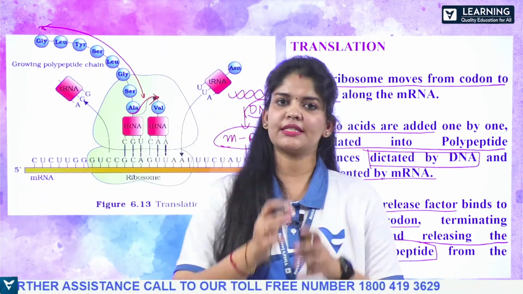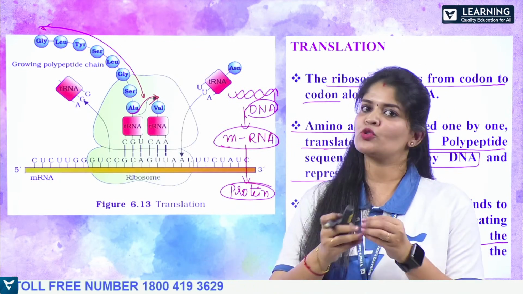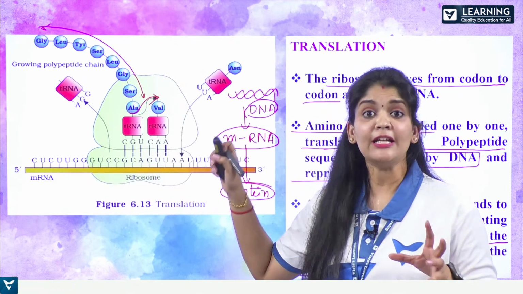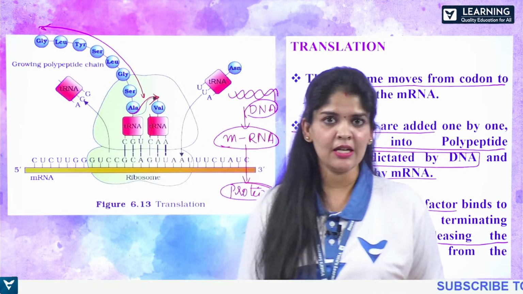Once the protein synthesis is done, the subunits of the ribosome dissociate, and the ribosome dissociates from the mRNA, leaving the fully formed polypeptide chain free.